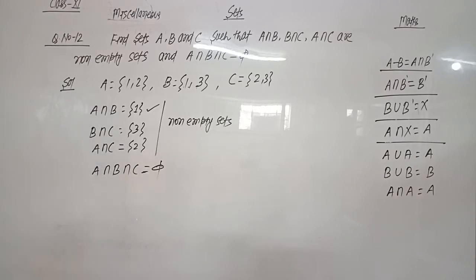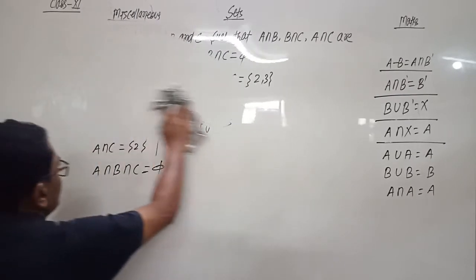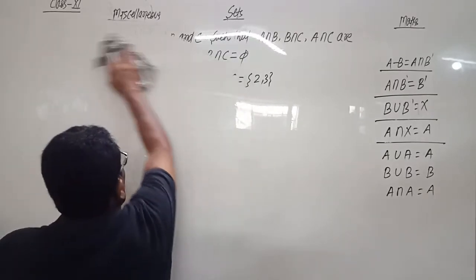So we can say that A intersection B, B intersection C and A intersection C are non-empty sets, but A intersection B intersection C is an empty set.